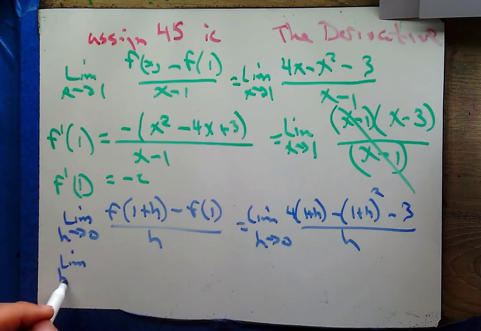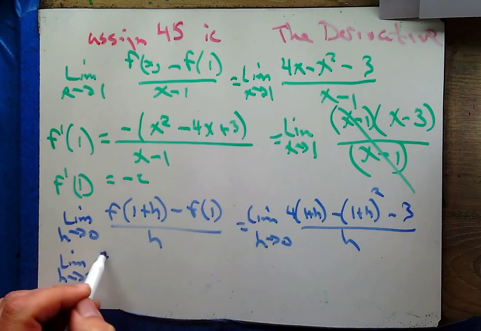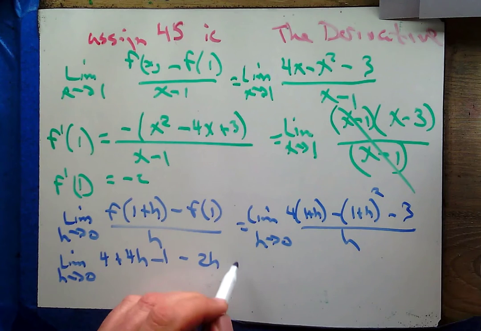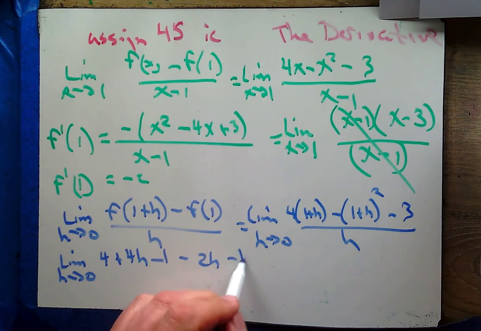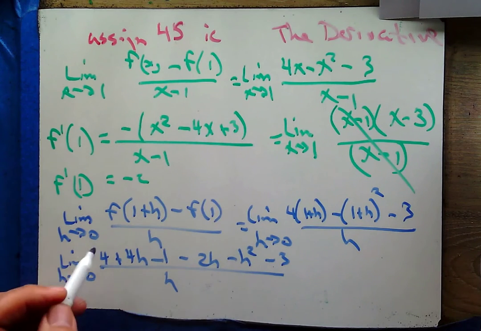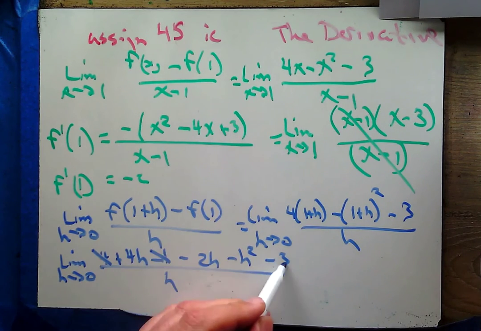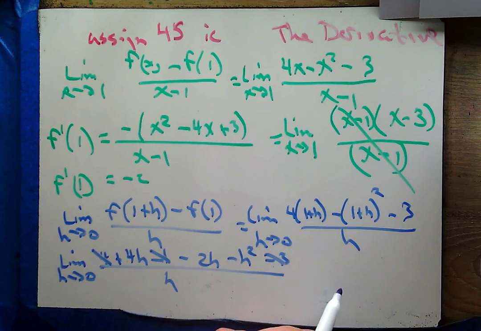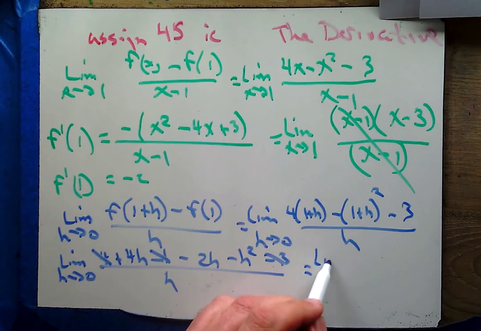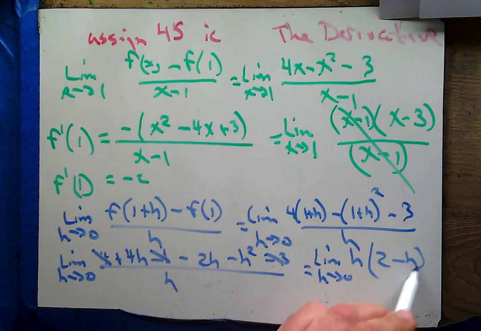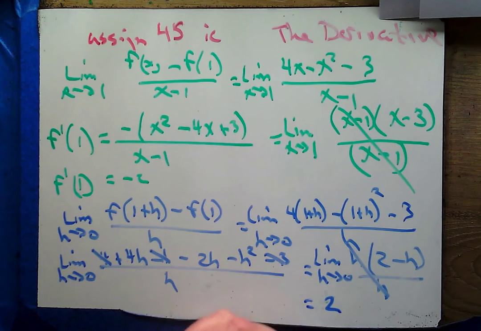So we're going to have the limit as h heads to 0 of 4 plus 4h minus 1 minus 2h minus h squared minus 3 all over h. So I notice that 4 minus 1 minus 3 cancel out, and so now I'm just going to have 2h minus h squared. So that's the limit as h heads to 0 of 2 minus h, and now when I plug in a 0, I get 2.